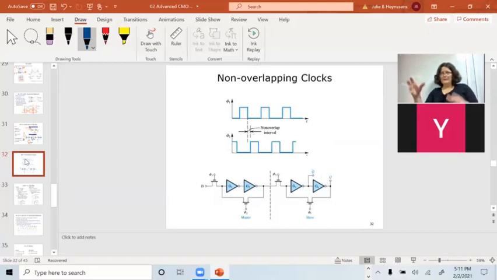I'm fading out here. Instead of creating something that triggers on the edge, what I've created is something that triggers on a clock pulse that's extremely short. That's the gap between these non-overlapping clocks.